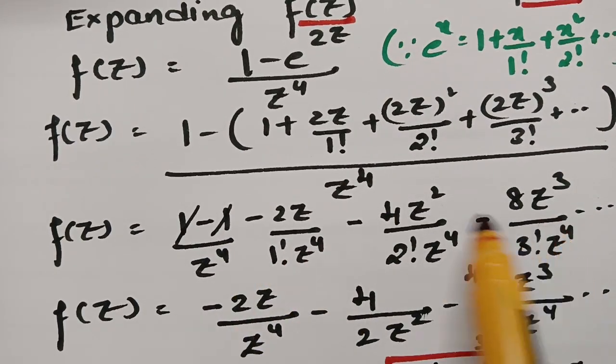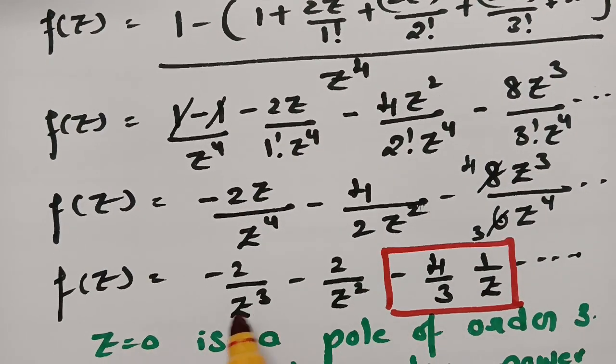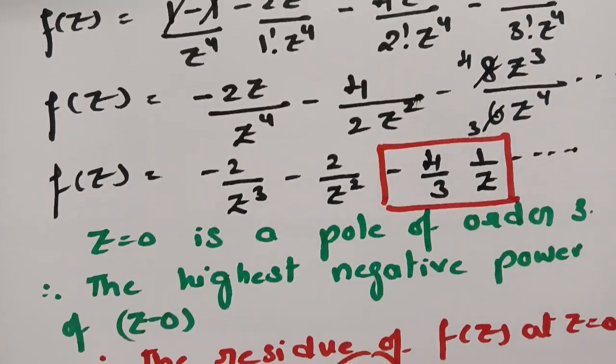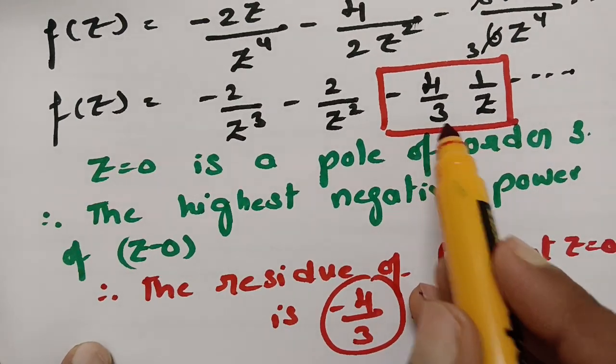After expanding and dividing the denominator into each and every term, this remains. This is clearly z minus 0 whole power 3, so z is equal to 0 is a pole of order 3. Therefore the coefficient of the highest negative power gives the residue of the function f of z at z is equal to 0, which is minus 4 by 3. That is the answer.